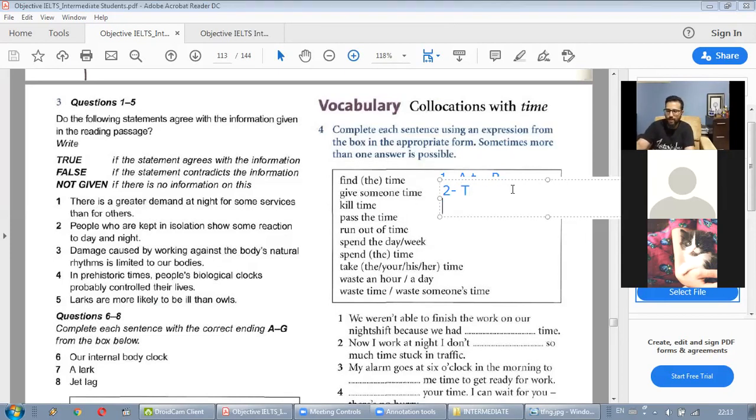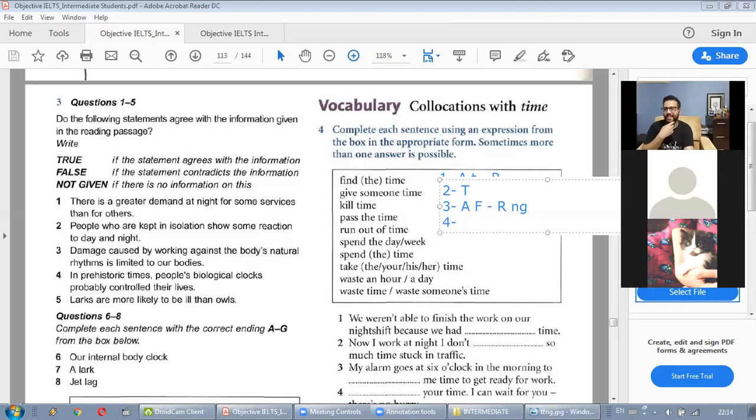Okay, number 3, what do you think? I did false. Rima, do you agree with that? Not given. Okay. All right, and number 4? I did false. I did not given at the beginning, then I changed it to false. So we'll see.